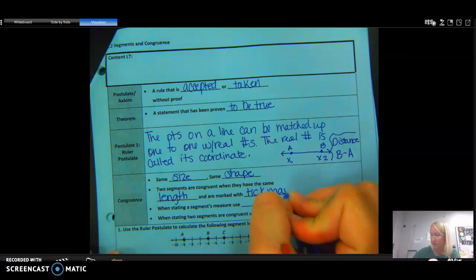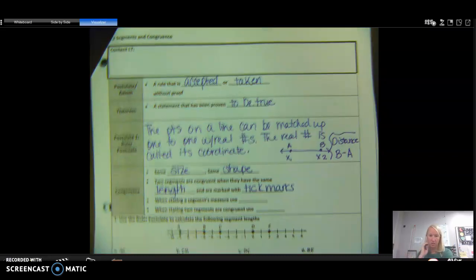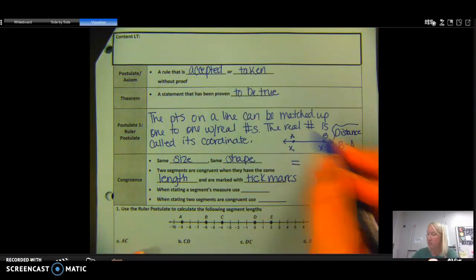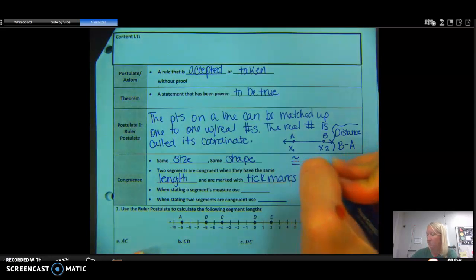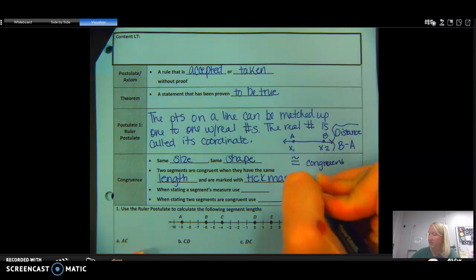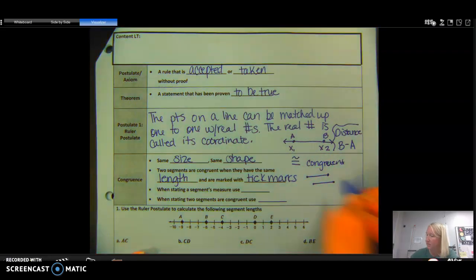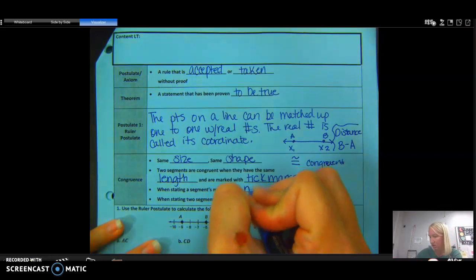Okay, so getting into more notations. To show congruence, since it's similar to being equal, we do an equal sign, but with a little tilde over it. That means congruent. If I have a segment here and I say that it is the same length as this segment here, an easy way to do that is to put this little marking into both segments to show that they are congruent. When stating a segment's measure, we use equal.